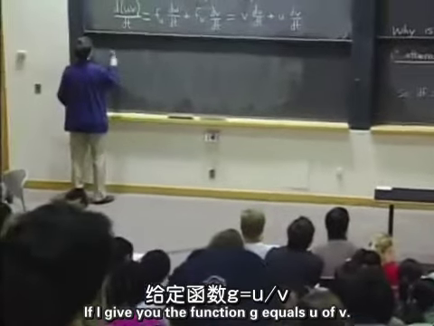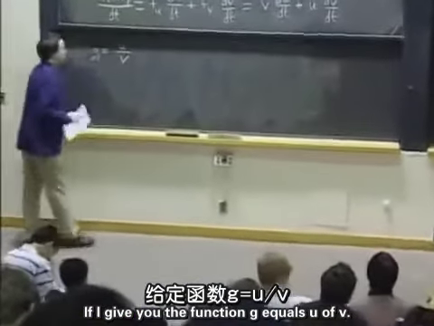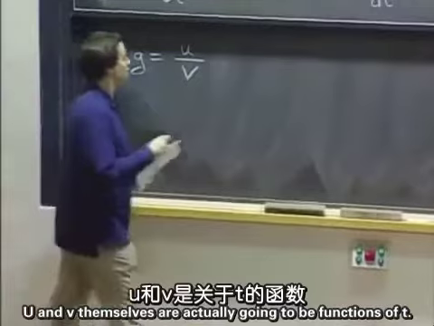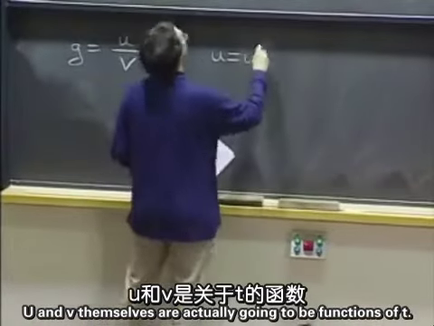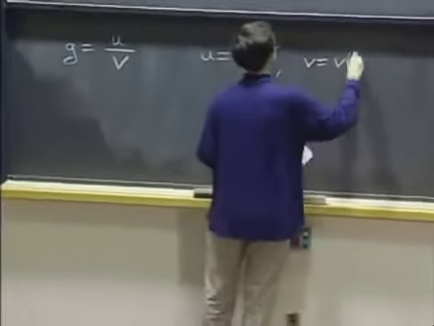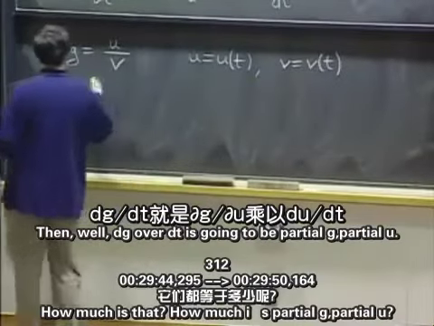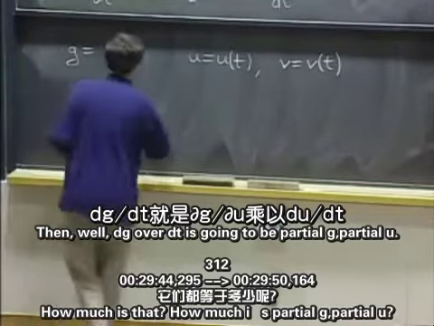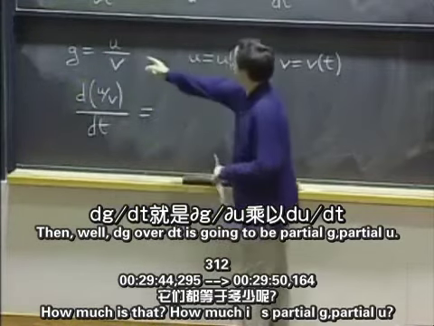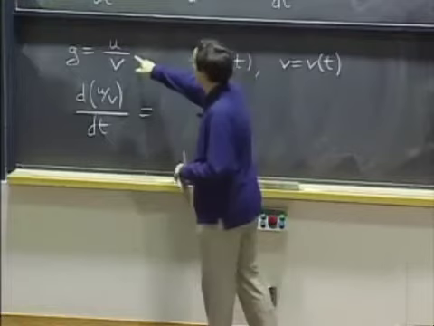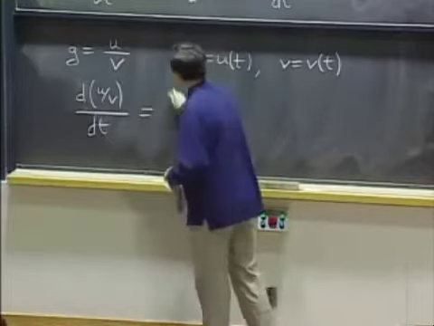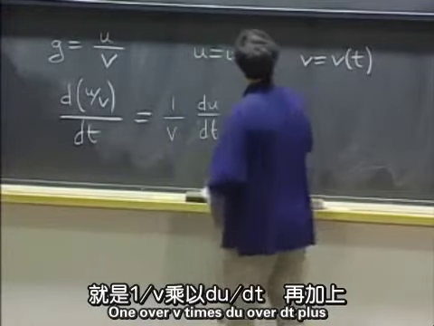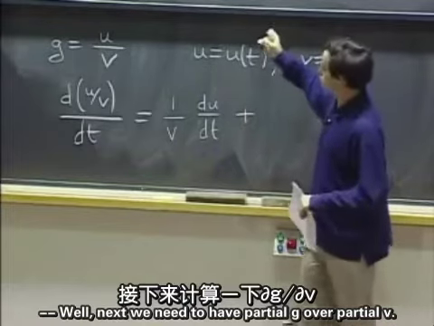So if I give you the function g equals u over v, right now I'm thinking of it as a function of two variables, u and v, but u and v themselves are actually going to be functions of t. Then dg dt is going to be partial g partial u. How much is that? 1 over v times du dt plus, next we need partial g over partial v.